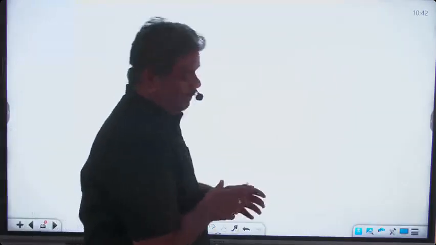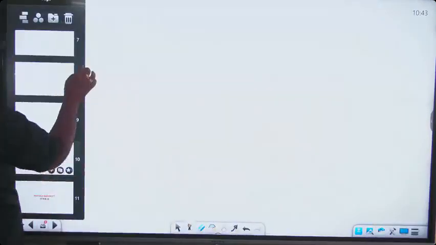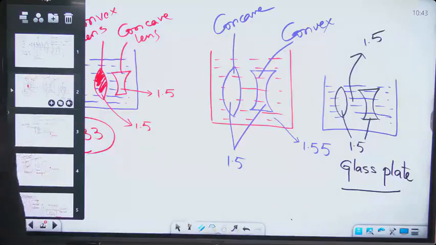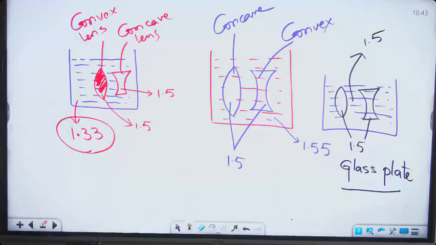Convex lens or converging lens is used for correction.